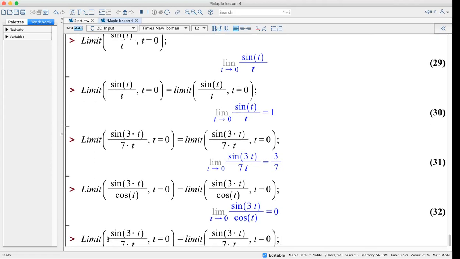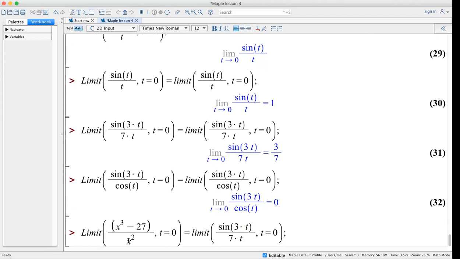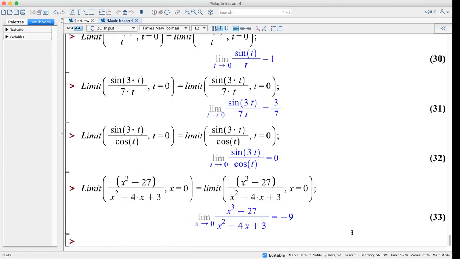Suppose I have this rational function. This says the limit is -9.